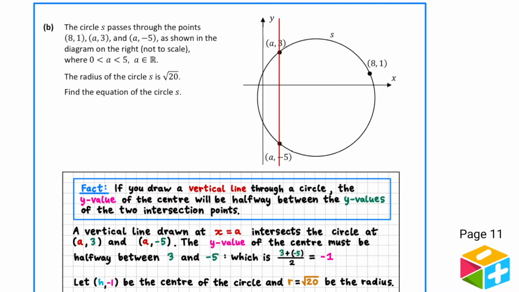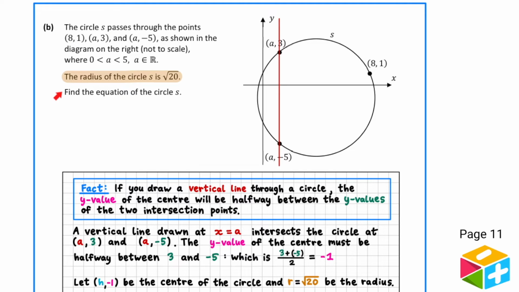In part b, we have a diagram of a circle S. We're given 3 points which are on the circle: (a, 3), (a, minus 5), and (8, 1). We're also told that the radius of the circle is equal to root 20 units.